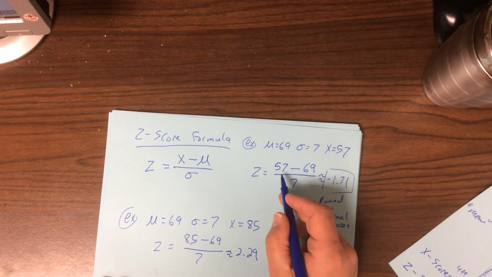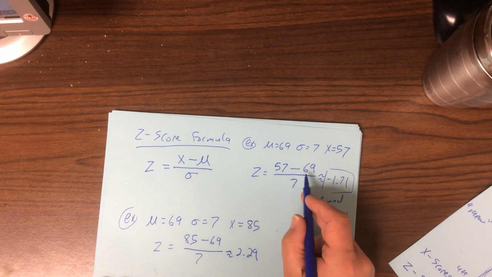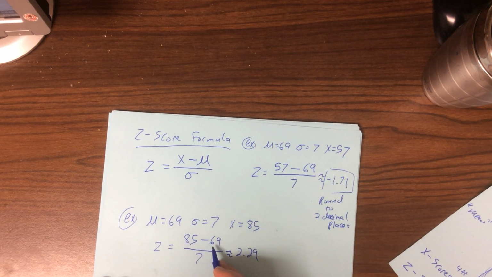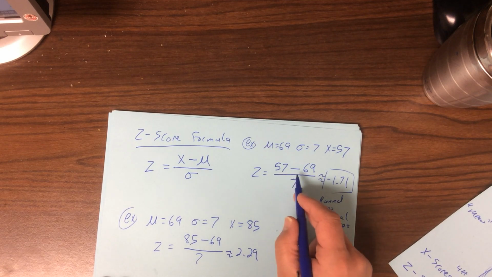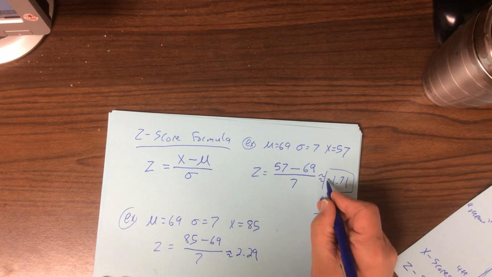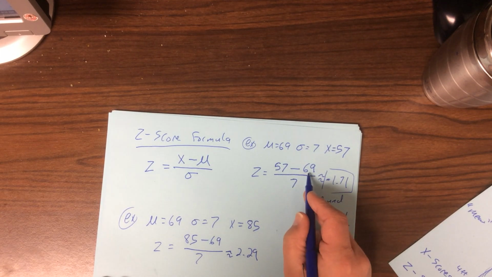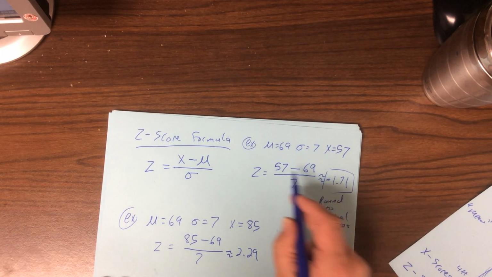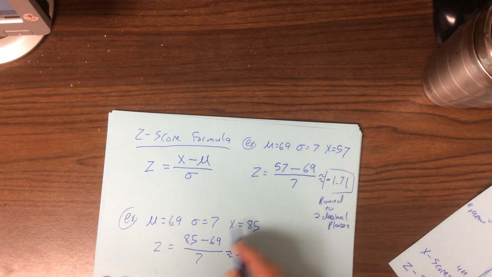Notice that whenever you use this formula, it's always the x minus the mean, even if the x is less than the mean, because you actually want a negative z-score. If x lies below the mean, you want this z-score to be negative. And that's why it's negative. If it's above the mean, the z-score will be positive.